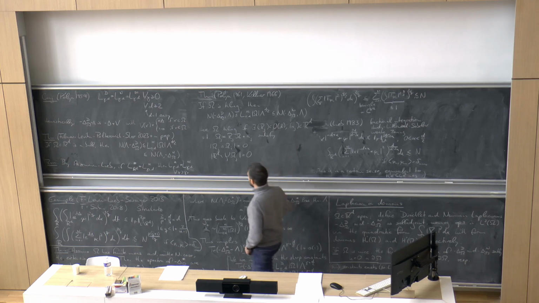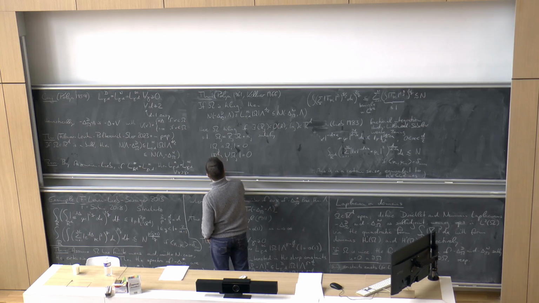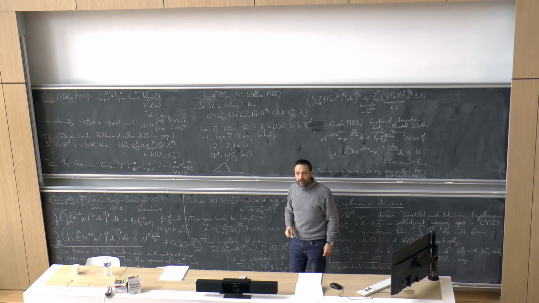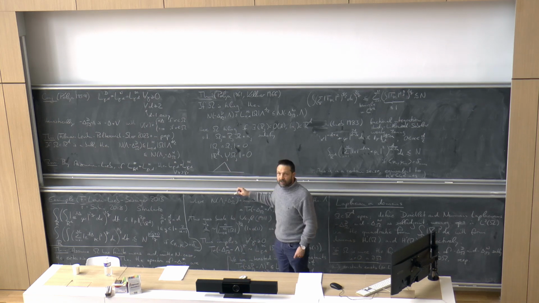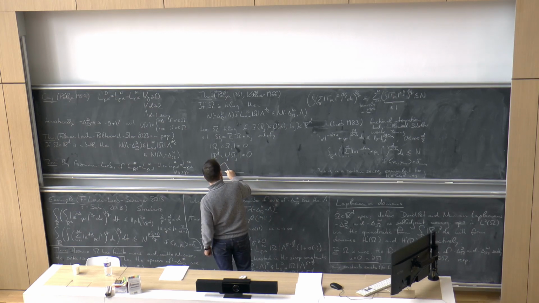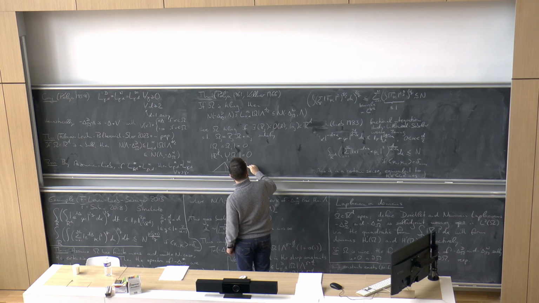Let me give you an example. Every triangle is tiling, because what do you do? Here you have your triangle. Now you make a copy of the triangle. You take another copy.